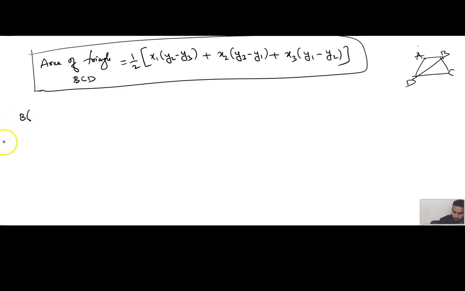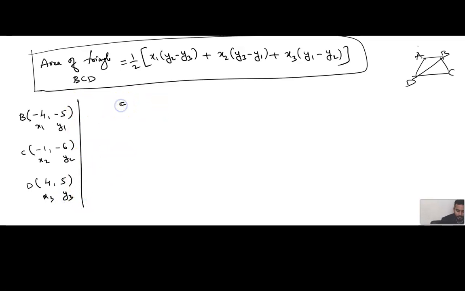The coordinates of B are (-4, -5), coordinates of C are (-1, -6), and coordinates of D are (4, 5). Good. Now this is x1, y1, x2, y2, x3, y3.